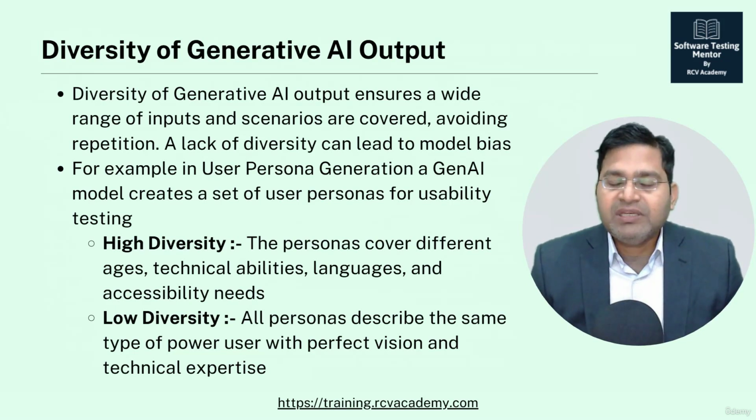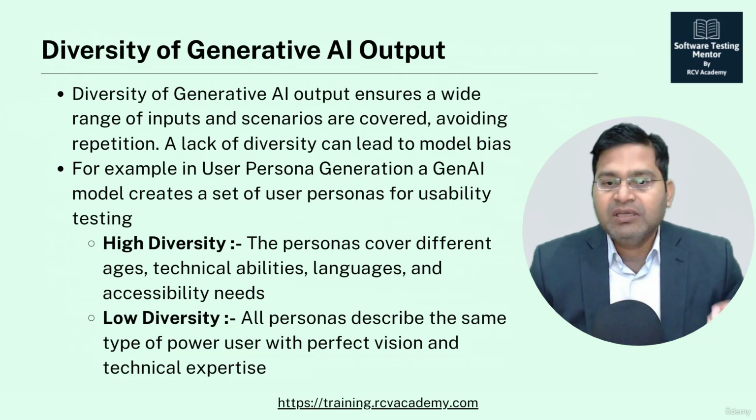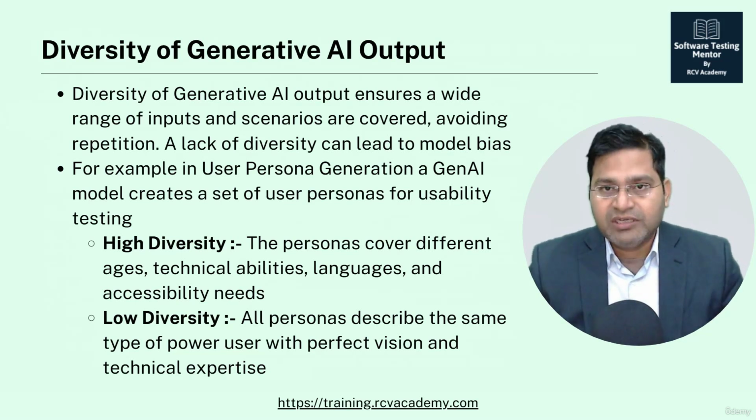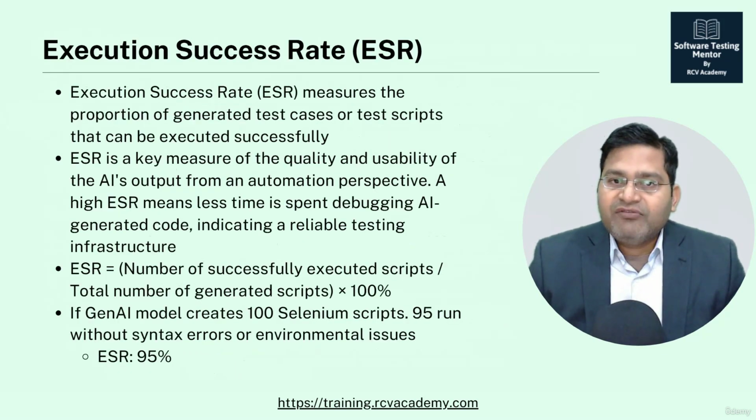But low diversity, all personas that are generated by the GenAI or all the test data generated by the GenAI actually describes the same type of power user with perfect vision and technical expertise. If this type of data is generated, then you know that the model is biased and doesn't generate the diverse test data that you need. So that's the diversity of the generative AI output.